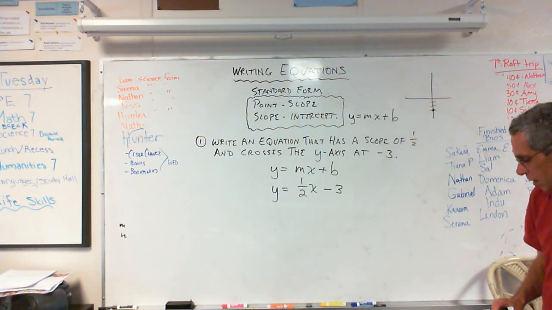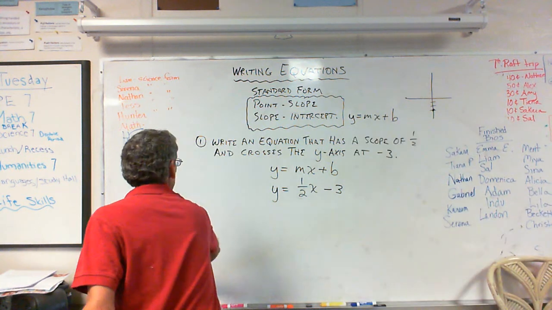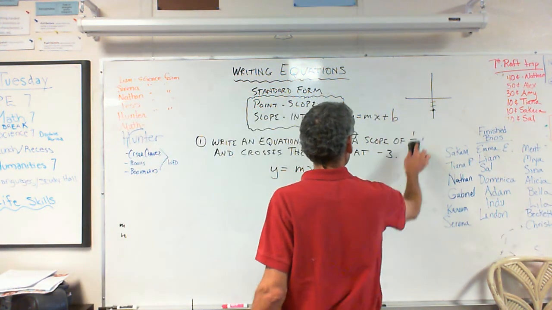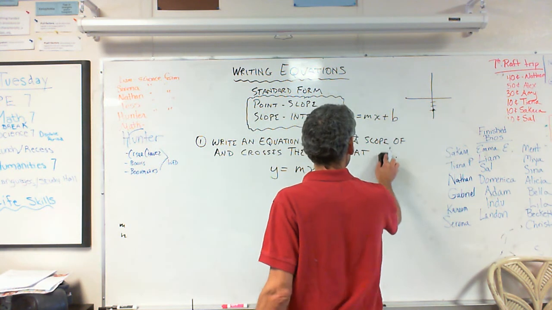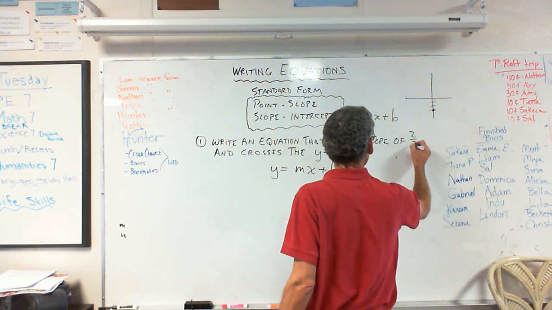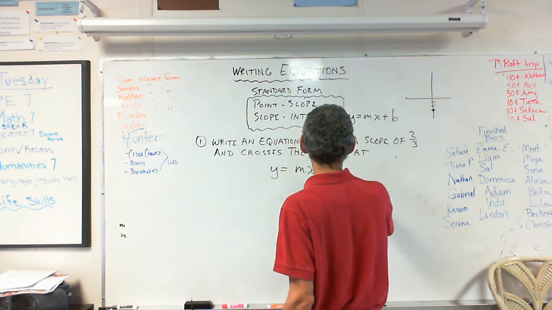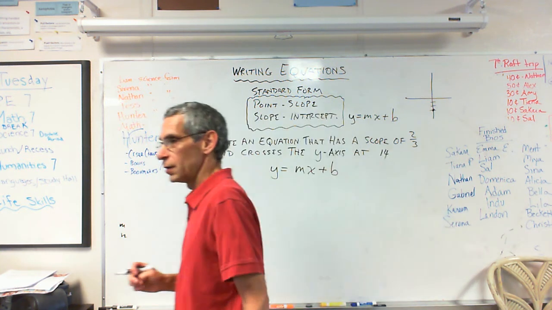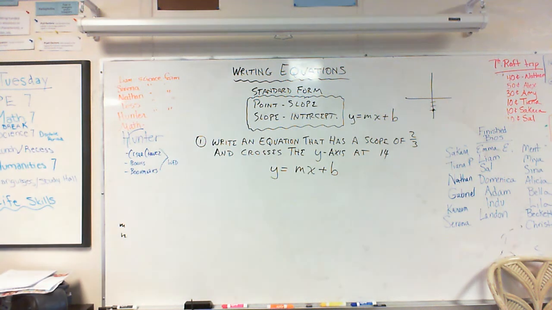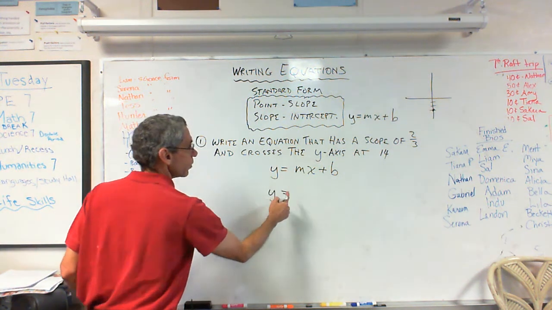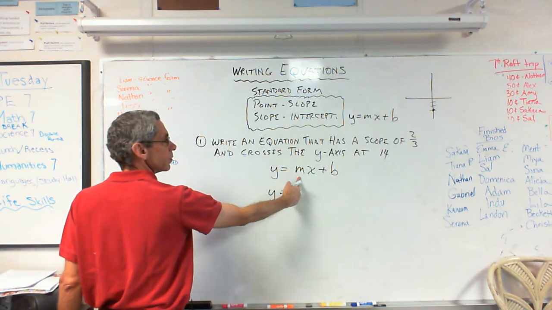All right, now I'm going to do a few. I'm going to change this and this. The slope is 2/3, and it crosses the y-axis at 14. What's the equation? y equals, what's my slope?